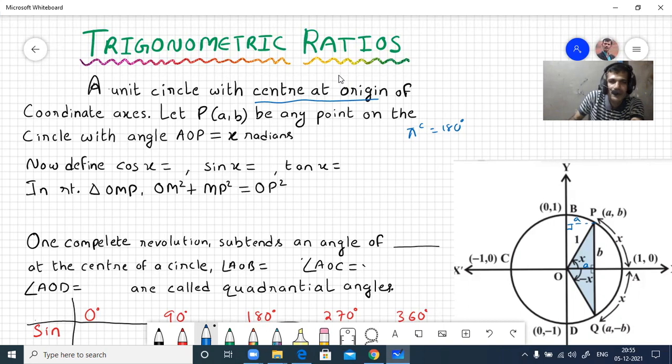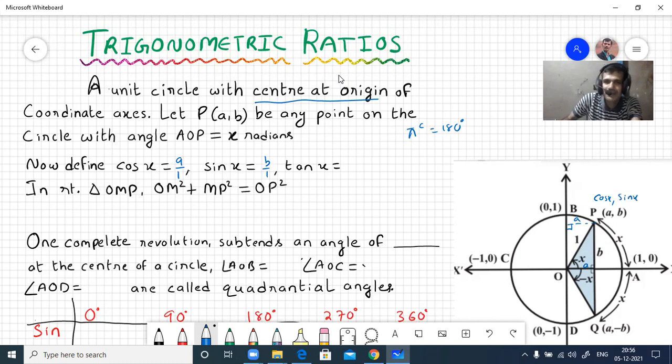See, cos x is adjacent side by hypotenuse. So A is cos x. So x coordinate will describe cos value. Okay. Now sin x. Which one will describe sin? See, sin x means opposite side B by 1. Okay. So second coordinate will describe sin value.